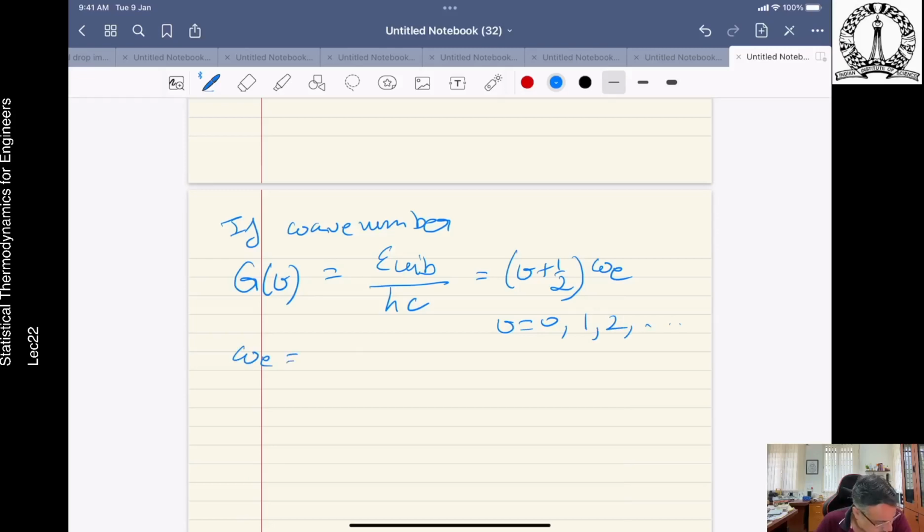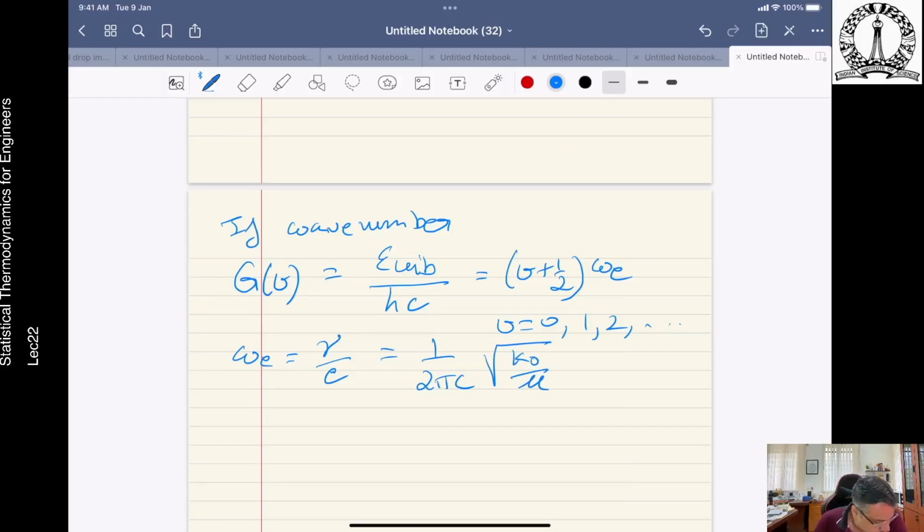Omega E is equal to nu by C, which is the frequency, from the spring constant K naught. So this is in the wave number space.